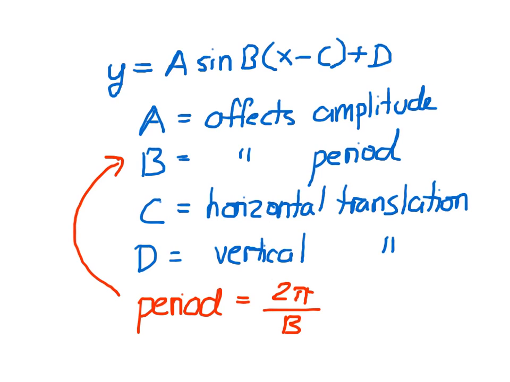So in a normal sine function, y equals sine of x, b is just 1. It's that invisible coefficient 1. So the period would be 2 pi divided by 1, or 2 pi. Well, that makes sense, because we know the period of sine of x is 2 pi. So the period for any sine function is simply 2 pi divided by b.